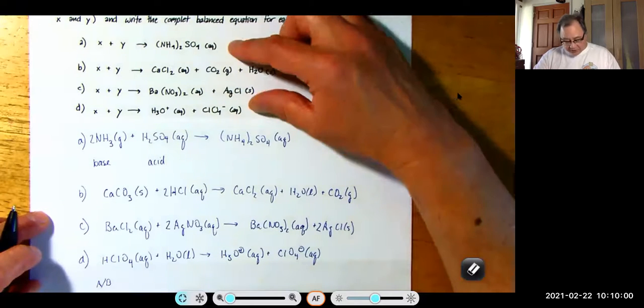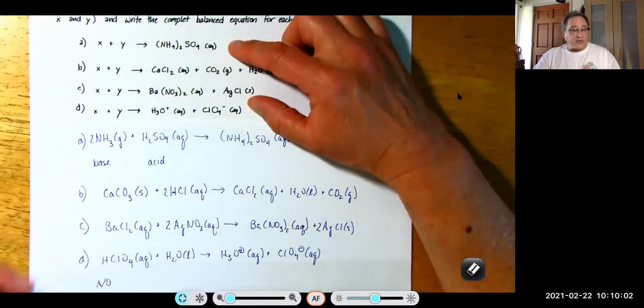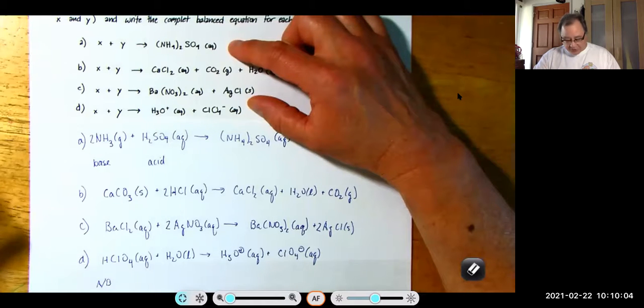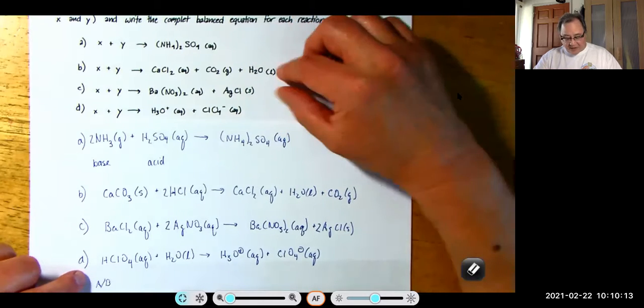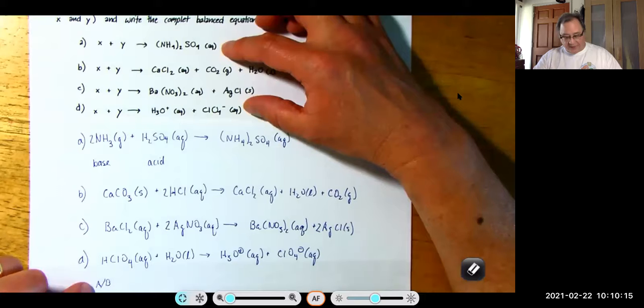And for these last two, if it's not precipitation or gas forming, then it's got to be acid base or redox.